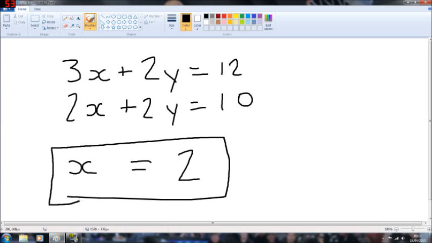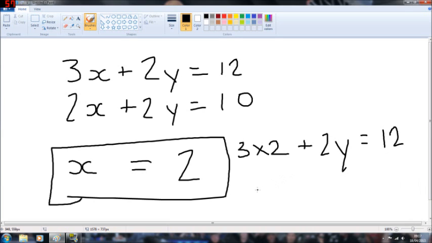X equals 2. And to find y, you would replace this x or this x with a 2, and you would work out what it equals. So 3 times 2. There's always a secret times symbol, but you can't see it. Plus 2y equals 12.